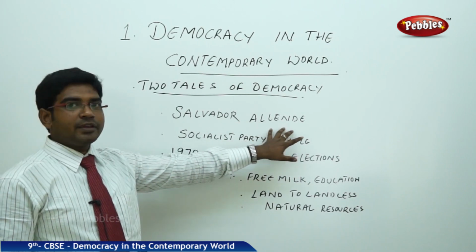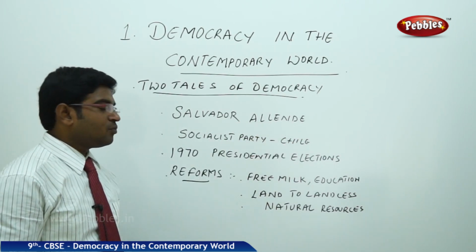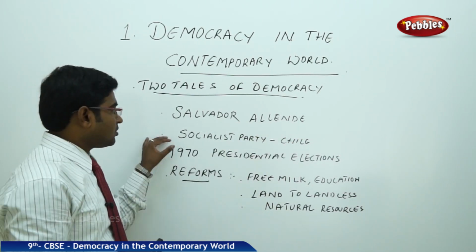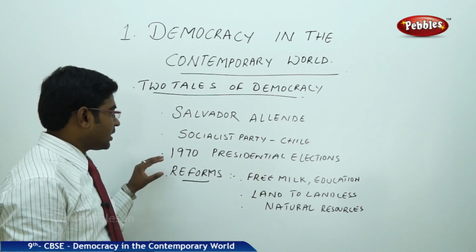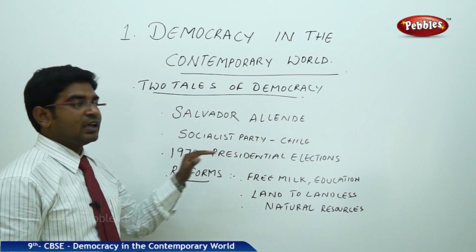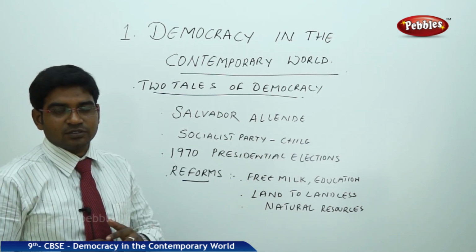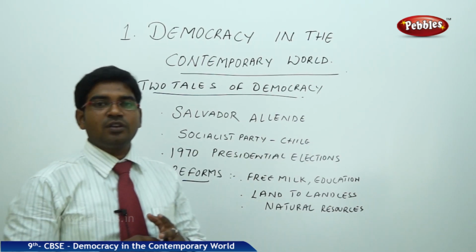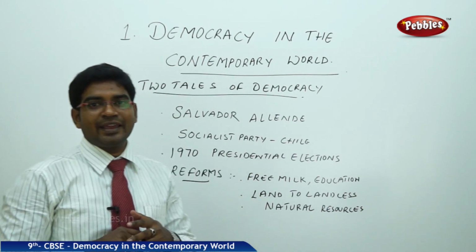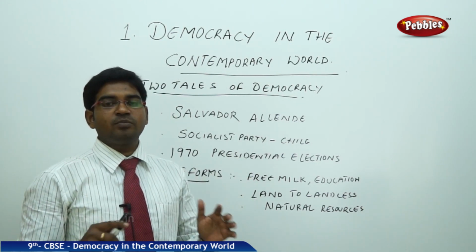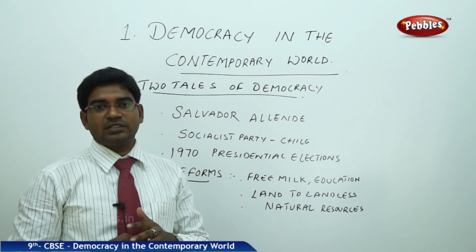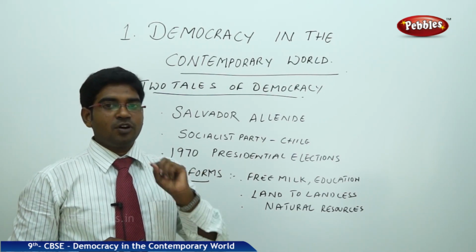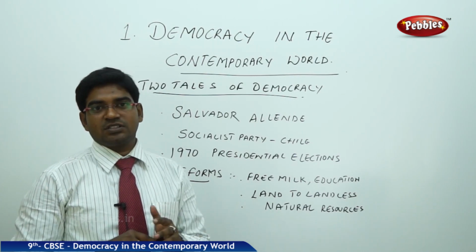Salvador Allende participated with the party called the Socialist Party of Chile in the presidential elections which were conducted in 1970 and was victorious. After he became victorious, he formed the government and started to reframe the policies and brought certain reforms in the administration.